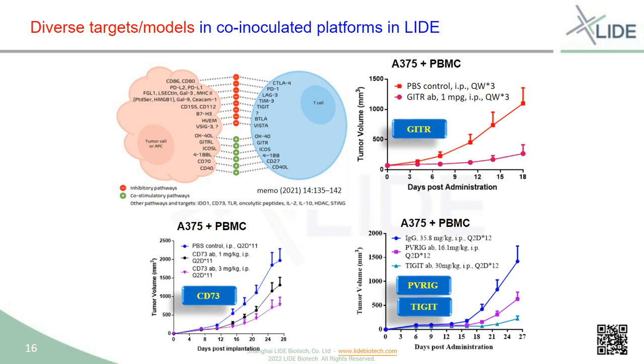We used our PBMC and A375 melanoma cancer cell line co-inoculated model, and this model worked very well for anti-CD73 antibody and TIGIT antibody, as well as some GITR agonist antibodies as well.